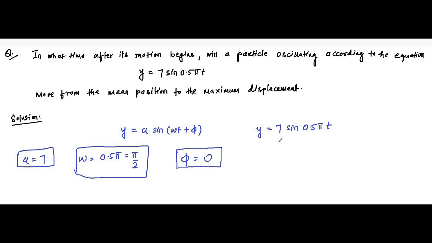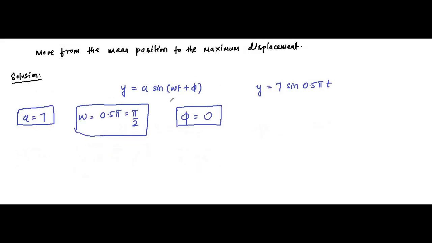Now it is given that the particle will move from the mean position to the maximum displacement. So it means the position of the particle is equal to the maximum displacement or amplitude, which is equal to 7. This is the required condition.